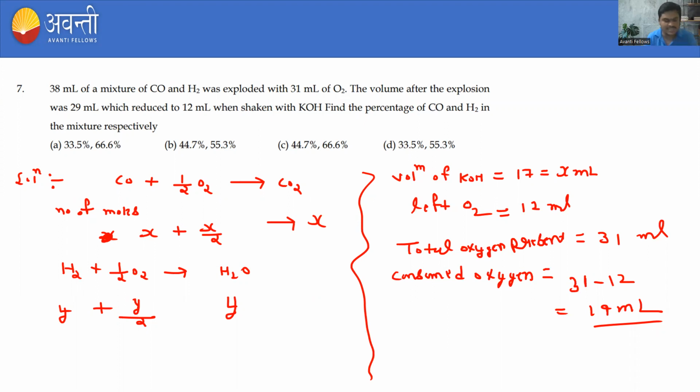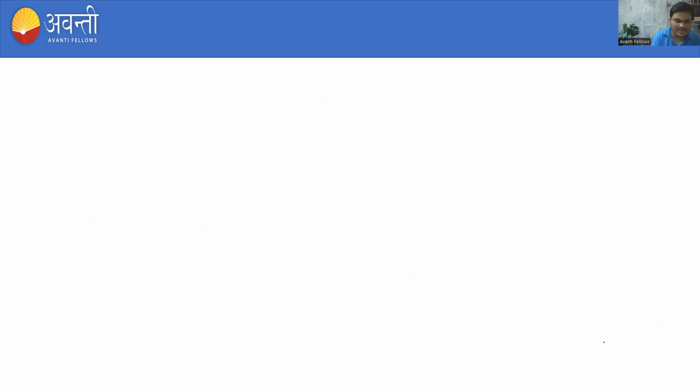So in the first reaction, what is the consumed O2, beta? That is 17 by 2 ml, right? Similarly, in the second reaction, what is the consumed O2?